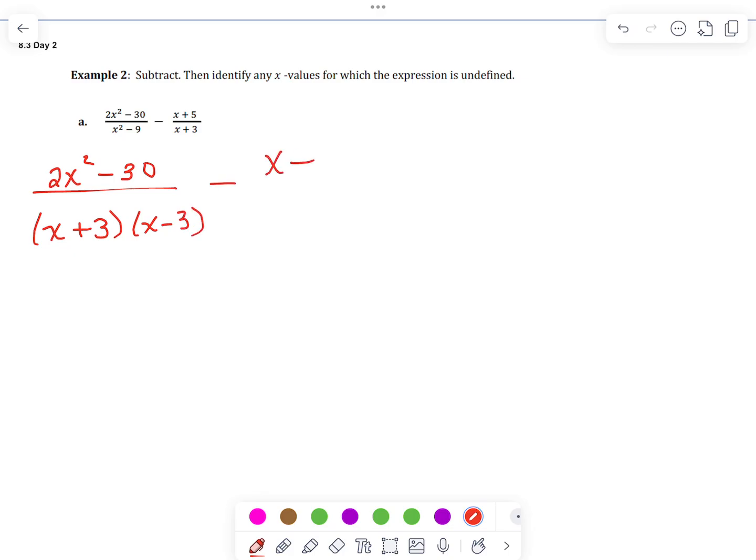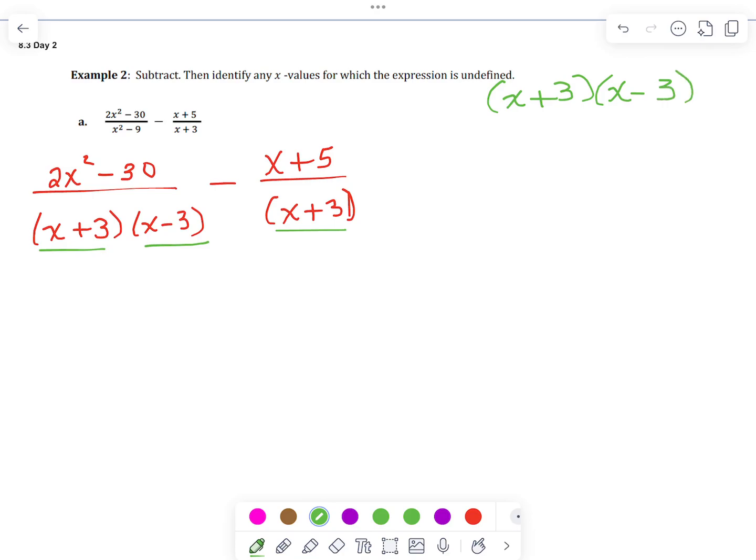And then the second rational expression is just x plus 3. So then we look for the least common denominator. So they both have an x plus 3, but then this fraction does not have an x minus 3. So the least common denominator will be x plus 3 and x minus 3. So what we have to do is increase this second fraction by what we're missing. So we need to multiply by an x minus 3 and an x minus 3.